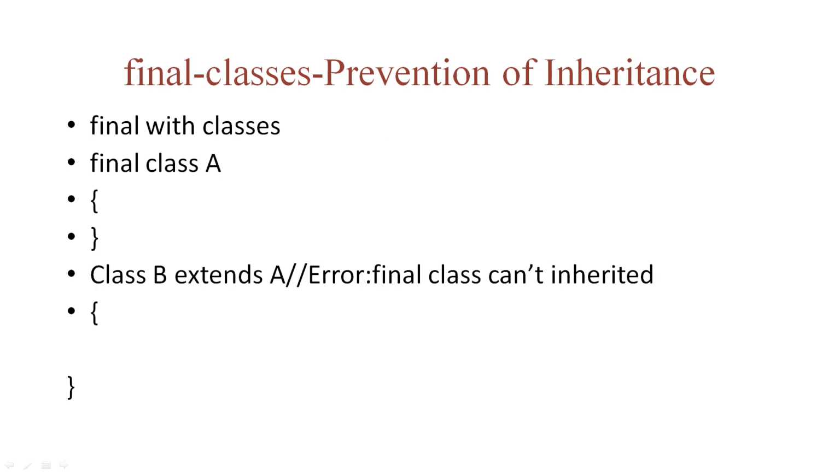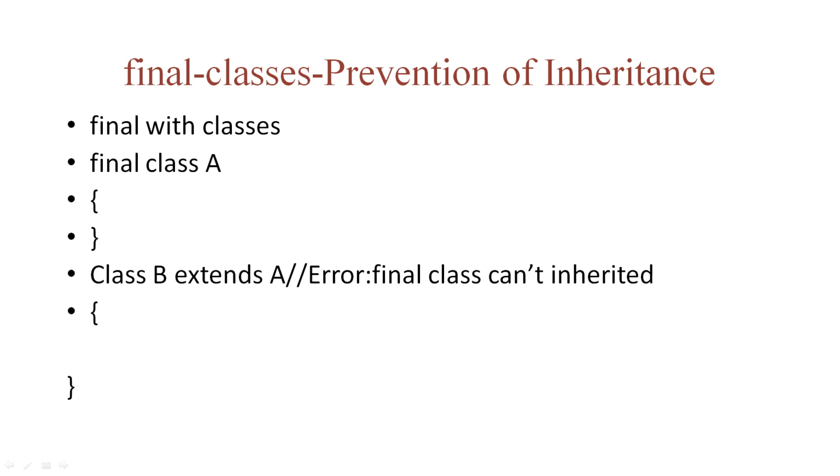Final with classes. What is final with classes? It is the prevention of inheritance. Whenever we have declared a class A, in front of this we declare a modifier called the final modifier, and I am trying to extend A: class B extends A. What does it generate? It will generate an error: final class can't be inherited.